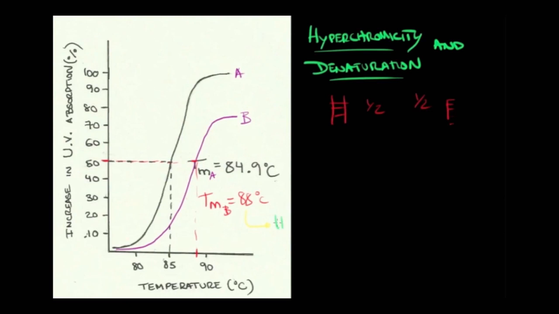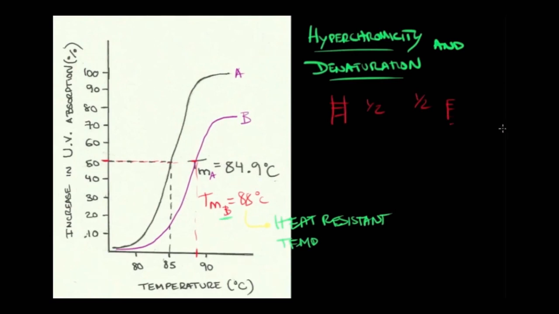This molecule here is heat resistant. So my B molecule is heat resistant or temperature resistant. You can also say that. And what I mean with this is that I need more temperature for my B molecule in order to break these bonds and have half as double-stranded and half as single-stranded. So I need more temperature for the B molecule.